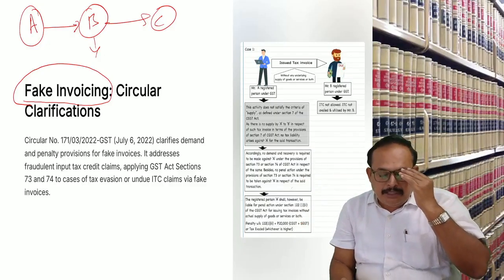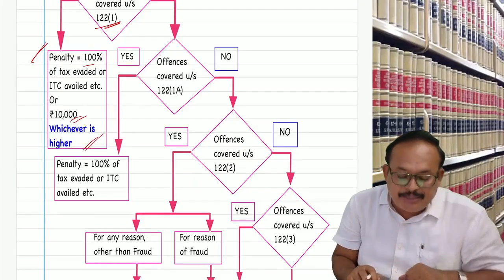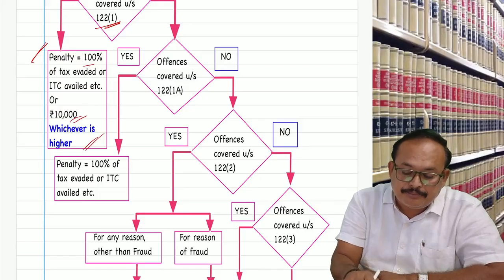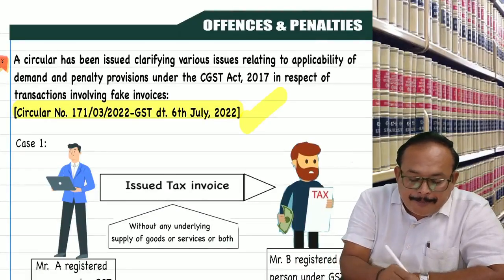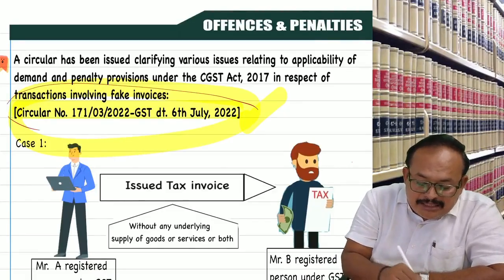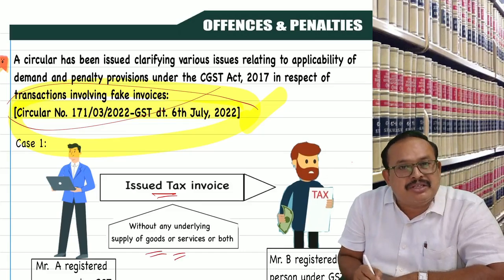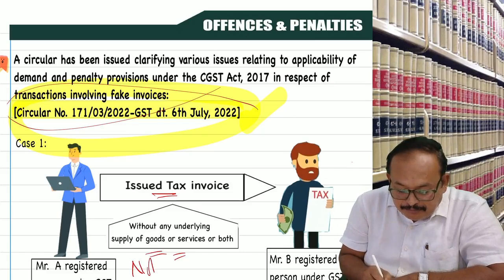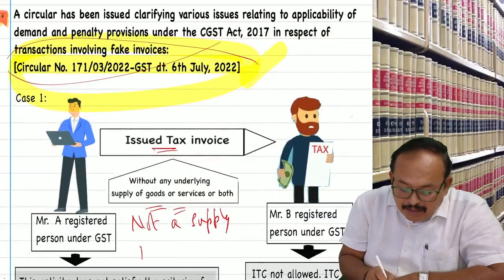Now, this particular circular says, my dear, that when the invoice is issued without supply of the goods or services, it is not a supply. If not a supply, no GST.